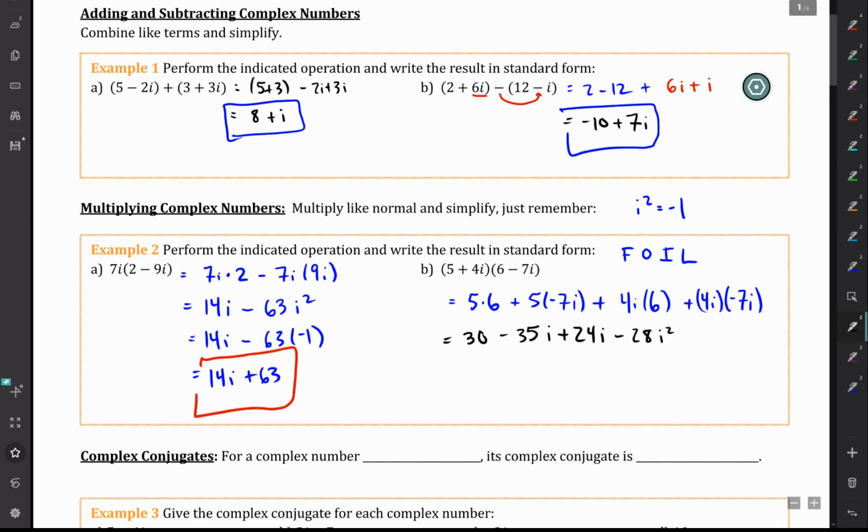And now if you remember that i squared is -1, this is going to be 30 minus, okay, so we can group the 35i and the 24i, so that's a -11i, and then remember that i squared is -1, so that's going to be plus 28, so you get 30 plus 28 is 58. So maybe I'll group it like that, minus 11i, so that's 58 minus 11i.